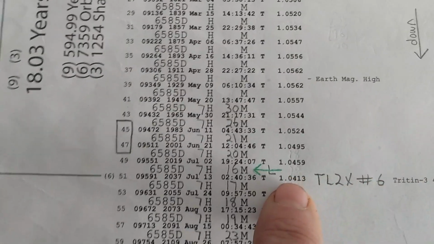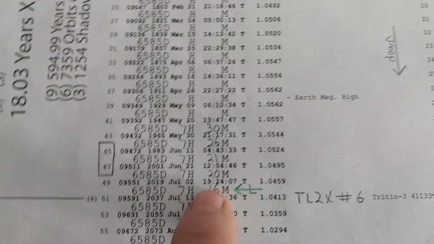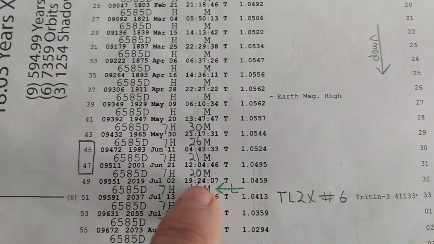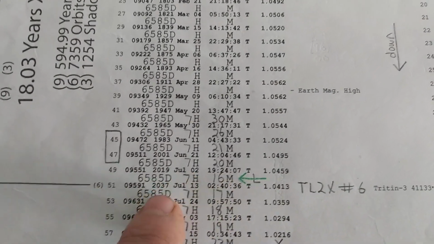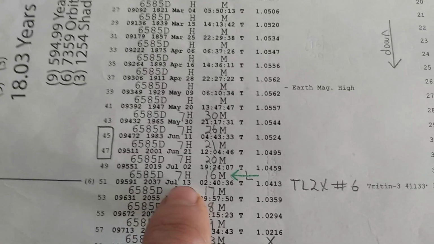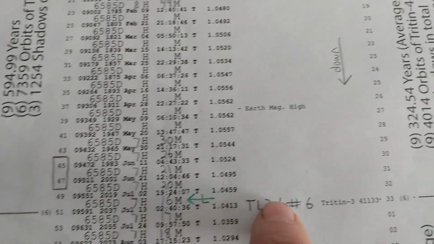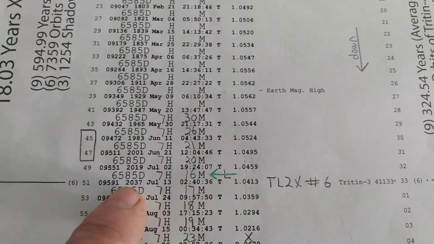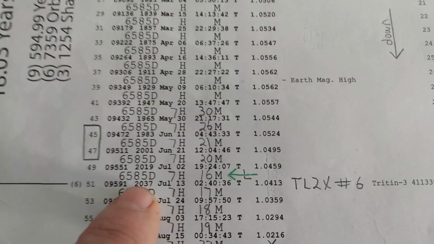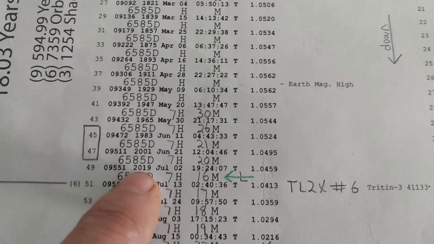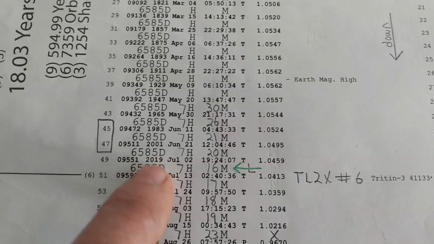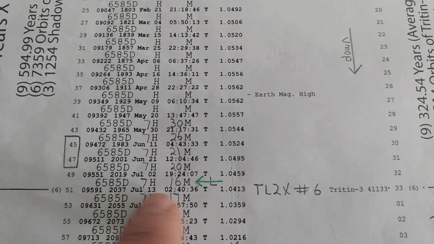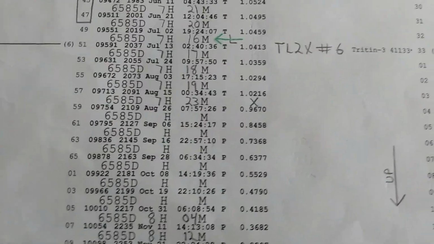I'm saying in line with it, you can see that the 716 is not directly in line with that, but the 716 indicates the time duration from here to 2037, and that's why this is in alignment with it here. That's the alignment to this date, to this year, in its time duration from the one previous to that one right there, makes this right here, and finishes at the 2037 in alignment there.